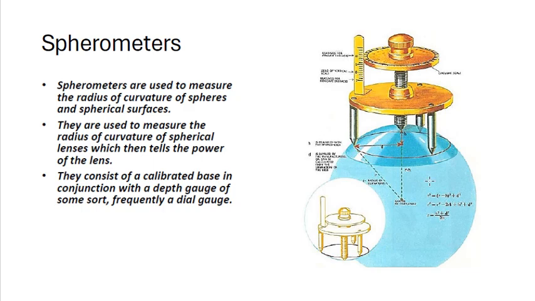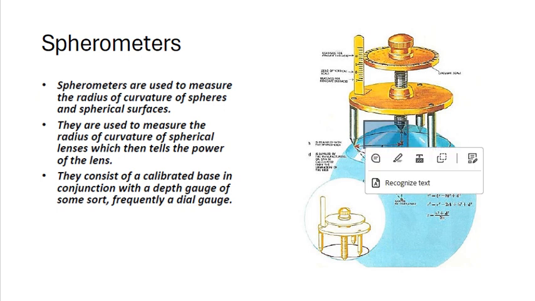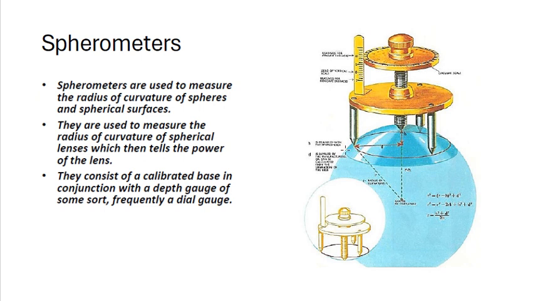Of course, you have to know the spherometer is just a measurement device. We use it to measure the radius of curvature of spheres or spherical surfaces like this. This is just showing you, and this spherometer is a very ancient vintage one.